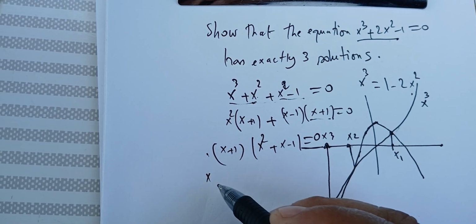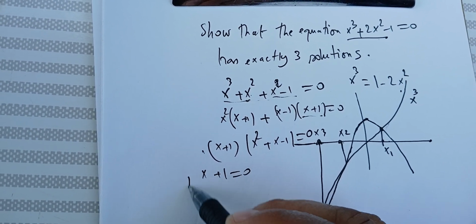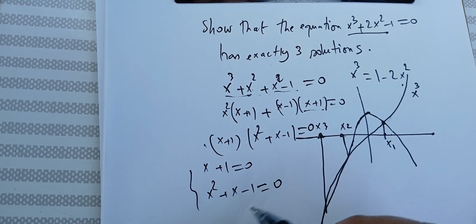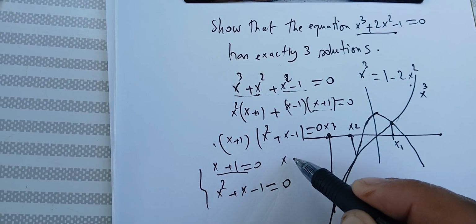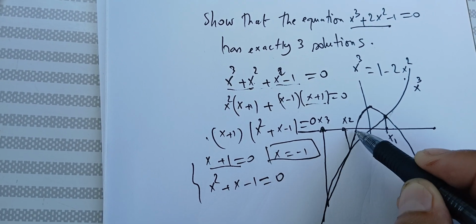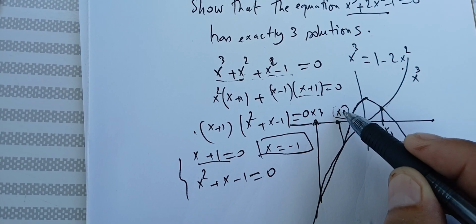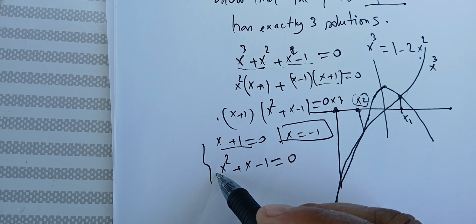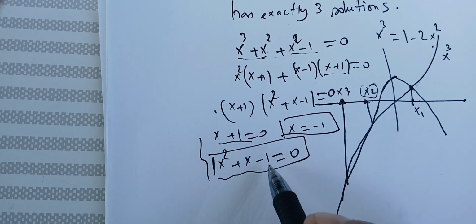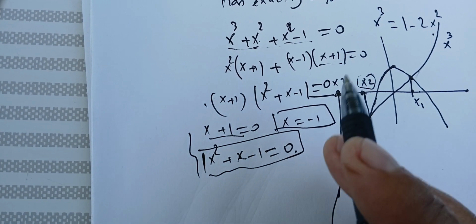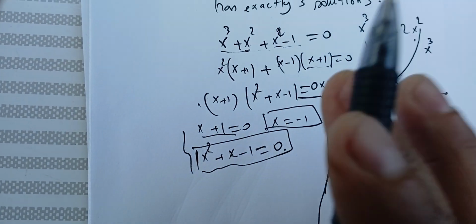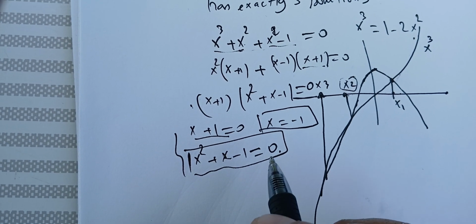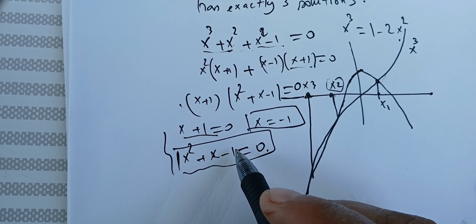This gives me that x plus 1 is 0, or x squared plus x minus 1 is 0. Here I get x is minus 1. I believe this is x2 in this case, because this is the closest one to minus 1. Now, to prove that I have 2 solutions from the quadratic, all I have to do is use the discriminant, because this is a polynomial of order 2.